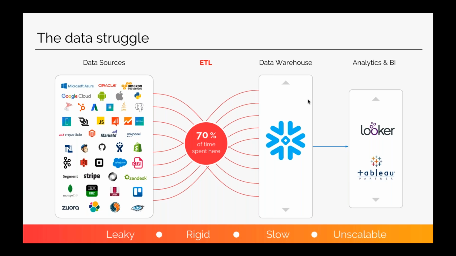And what we see is a lot of the time of data engineering and data teams is being spent on this ETL pipeline, and on not only writing the first version of a script that would move the data over, but also maintaining that over time and maintaining data integrity and data freshness over time.